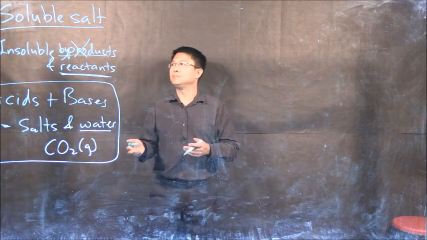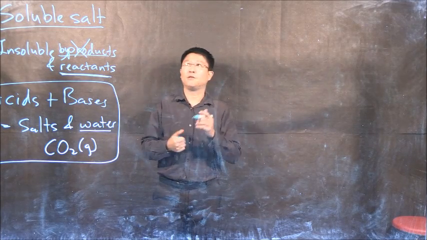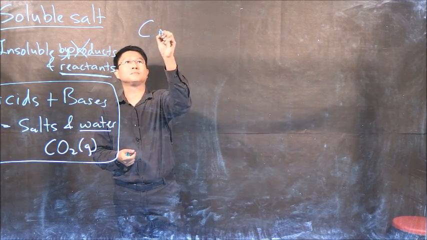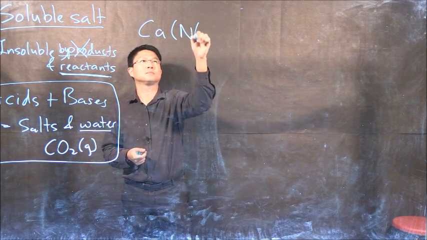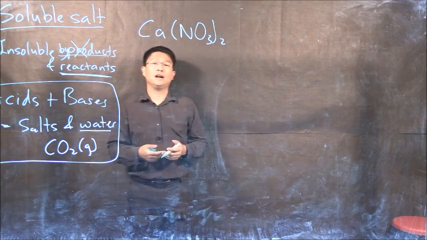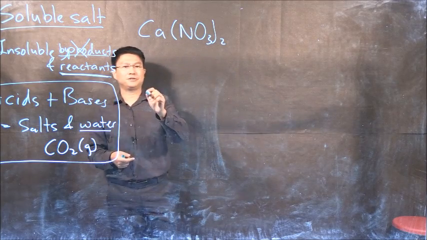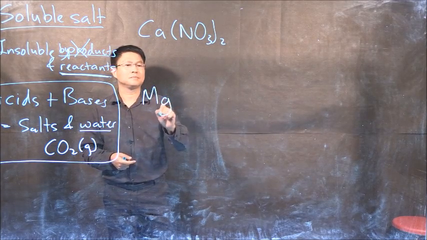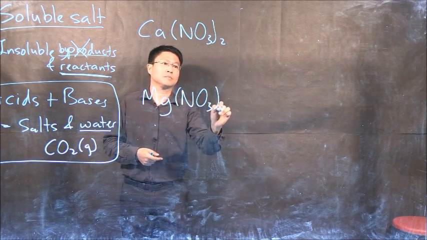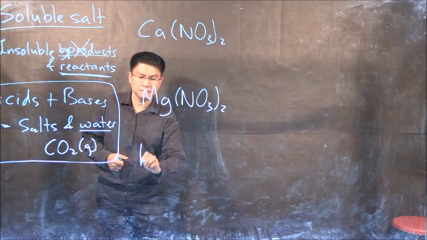Let's start with some soluble salts that can be prepared this way. For example, we can have calcium nitrate. We can also have something like magnesium nitrate, and iron 3 chloride.